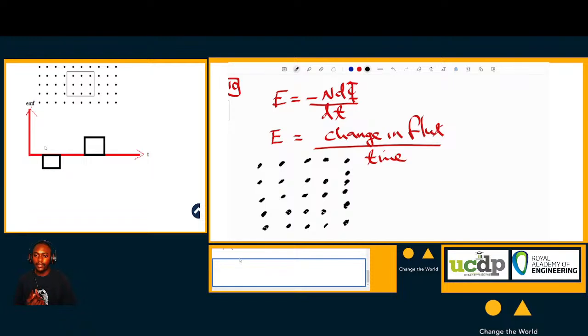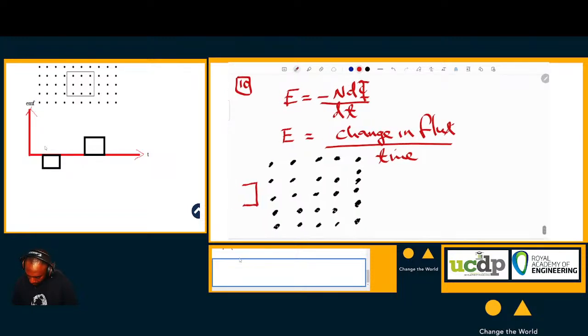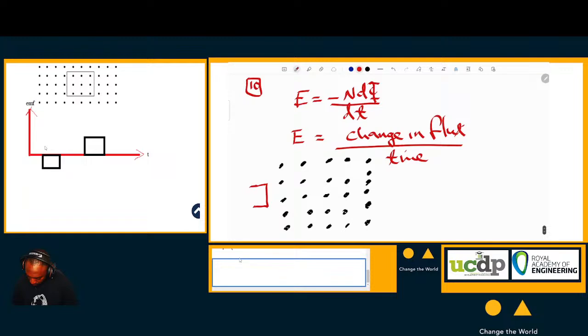So when this box is entirely outside of the magnetic field, we do not expect any induced EMF, right?